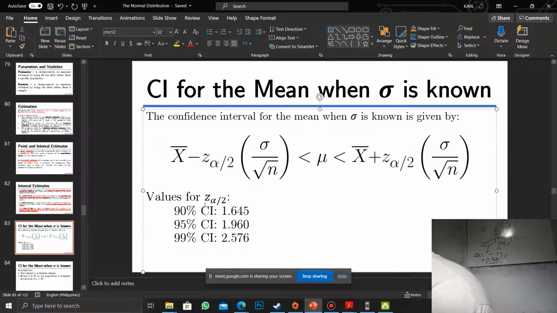Hindi pa masyado maintindihan yung point nito. Kasi mahirap talaga yun, no? Kasi unang-una, hindi naman talaga ako statistics teacher. I'm not the best at explaining this. Pero, based on my knowledge sa research, ginagamit to to validate your results.